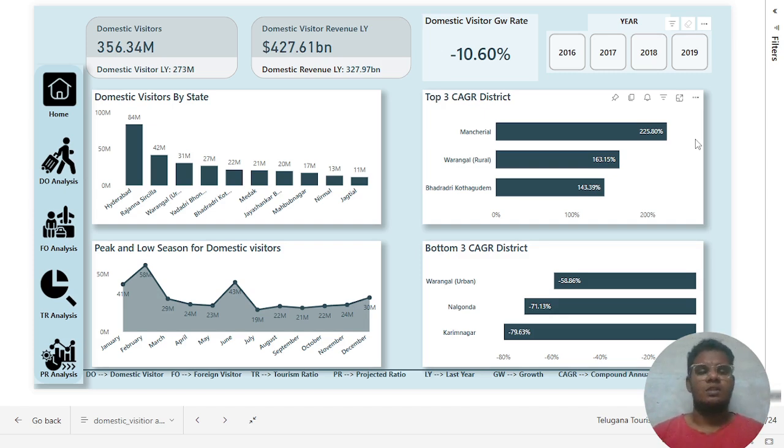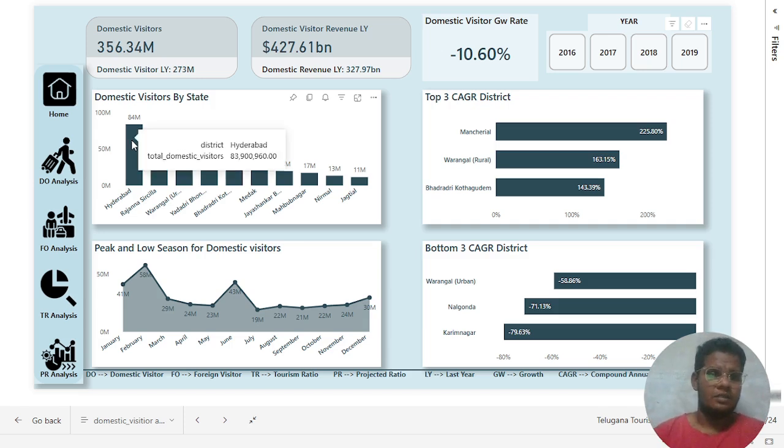Let's start with the domestic visitors by state. In the particular Telangana state, there are a lot of cities, and here Hyderabad holds the first place. It's 84 million people who visited Hyderabad. See, many of the viewers have visited Hyderabad, right? That's why we may wonder why Hyderabad attracted most of the domestic visitors.